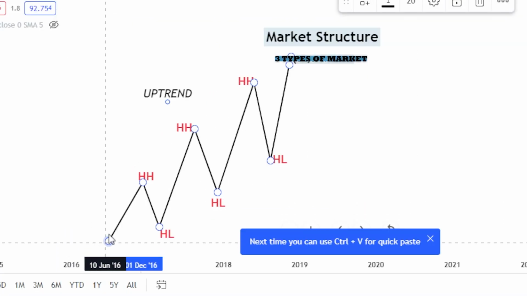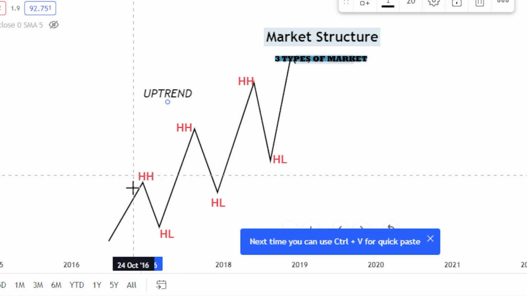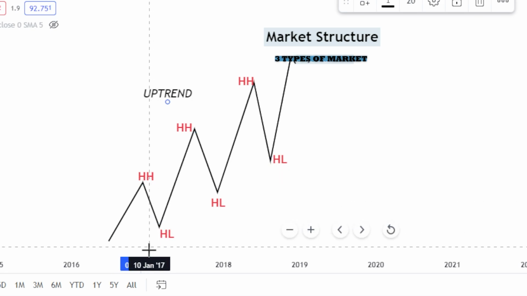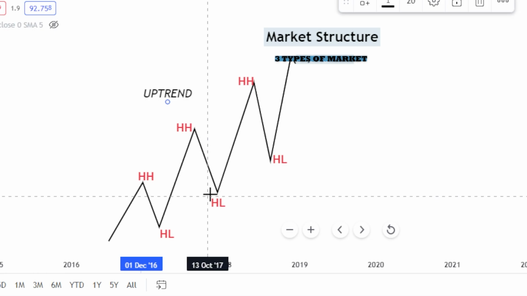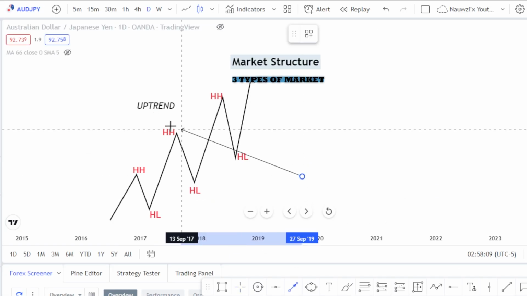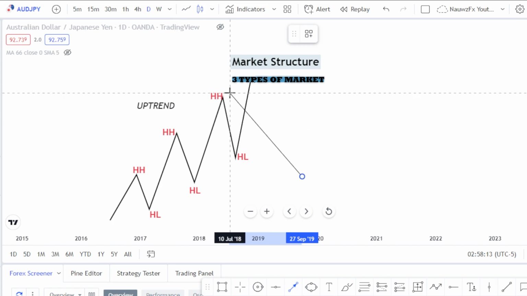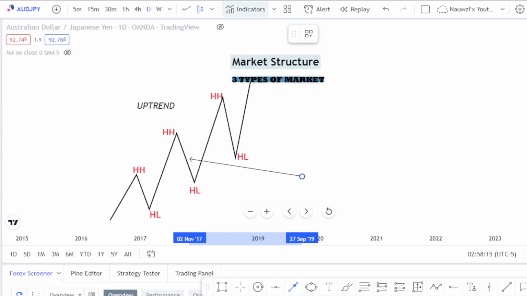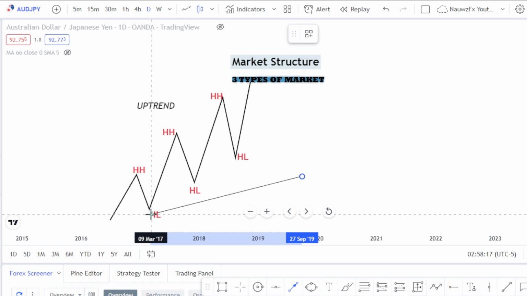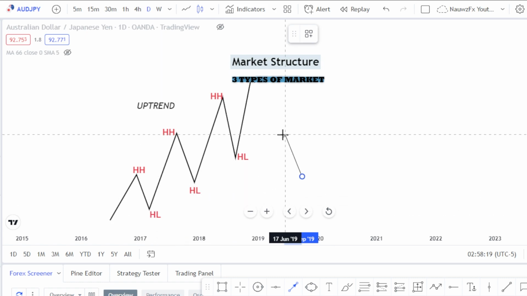Each time this market is creating a higher high and a higher low, you realize the higher lows are getting higher. So that is what an uptrend looks like. Each time it's making a higher high right there and continuing up and onward, and each time the higher lows are getting higher. And that is what an uptrend looks like.